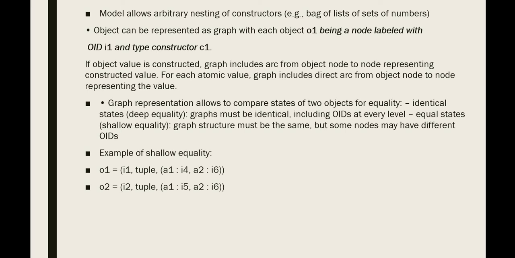Whereas in the shallow state, the graph structure can be the same, but some nodes have different object identifiers. I will provide the study material for this in the Google Classroom, so you can check from Google Classroom.